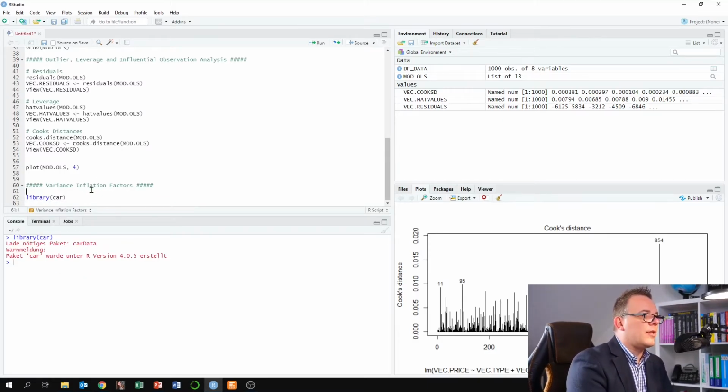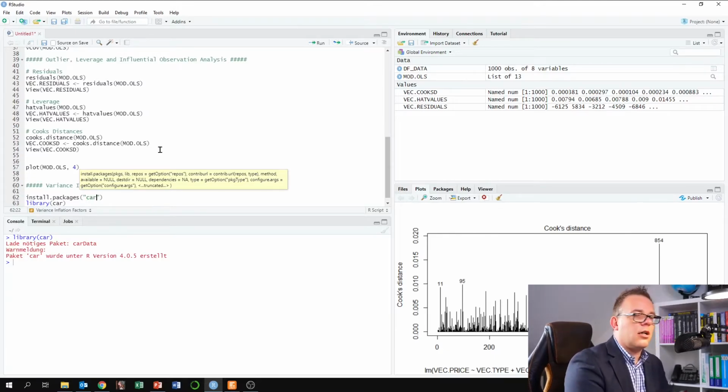Alright, that was loaded. If that is not yet installed on your computer, of course you will need to install it: install.packages, in brackets, in quotation marks, car. But since this package is already installed on my computer, I don't need to run this installation routine.